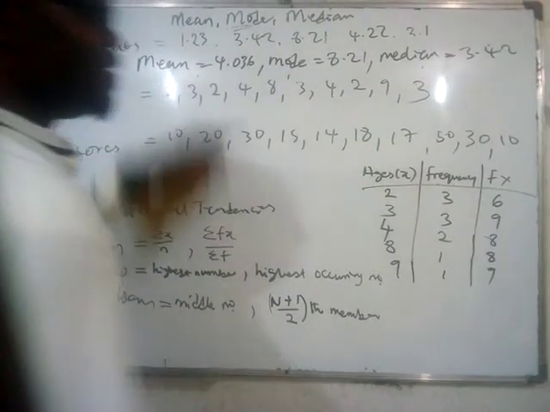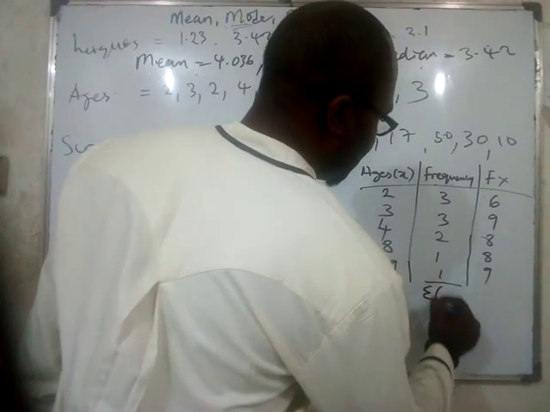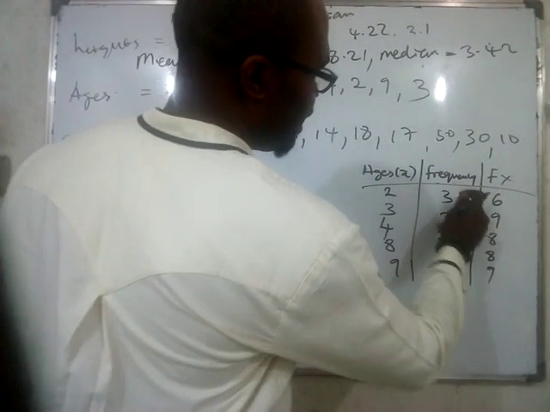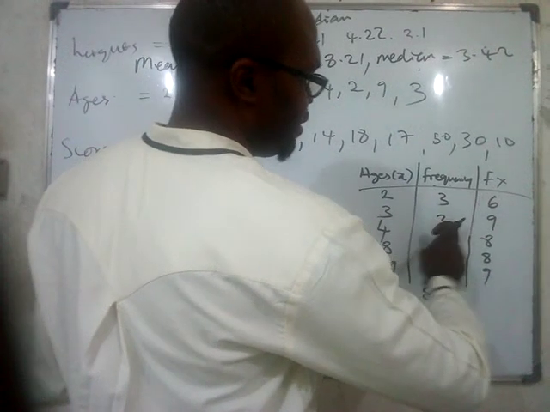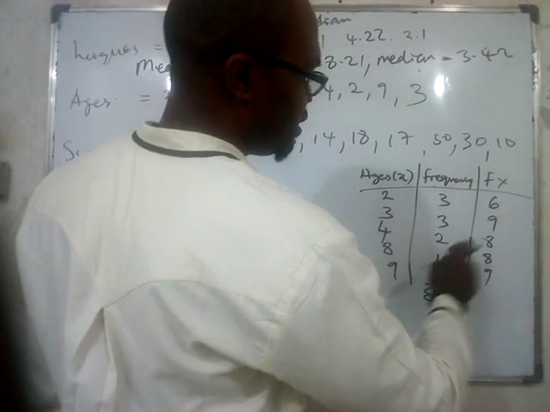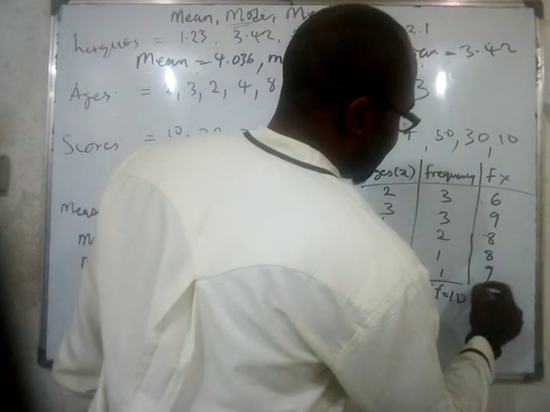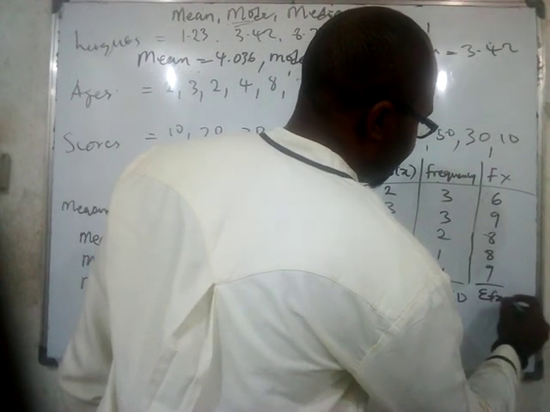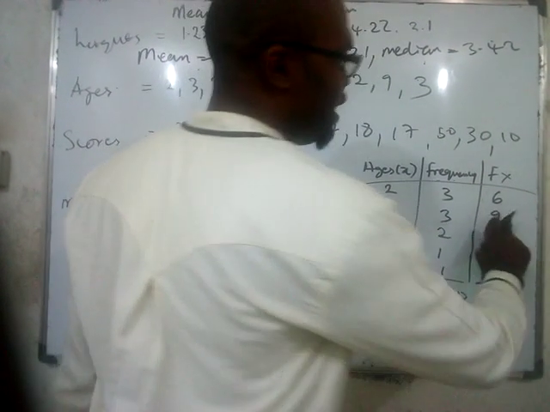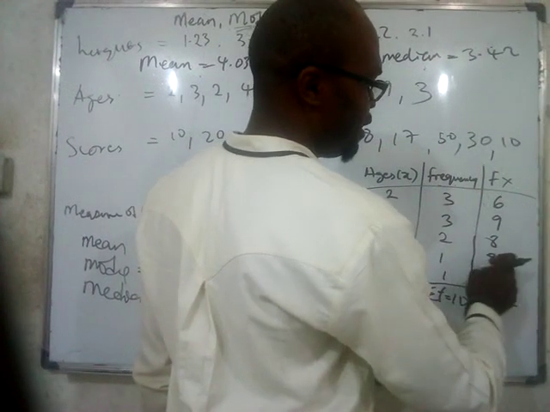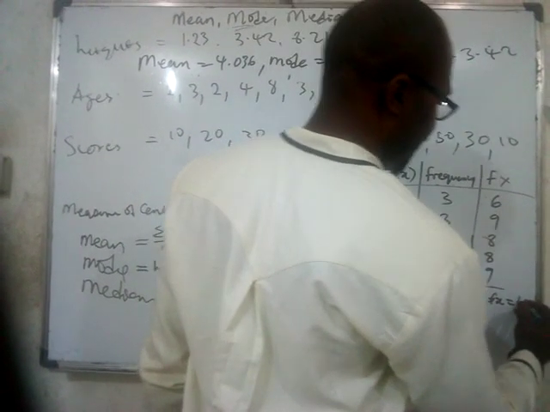So what is the summation of the frequency? 3 plus 3, 6, plus 2, 8, 9, 10. So it's 10. What is the summation of fx? 6 plus 9 plus 8 plus 8 plus 9. What's the answer? 40.